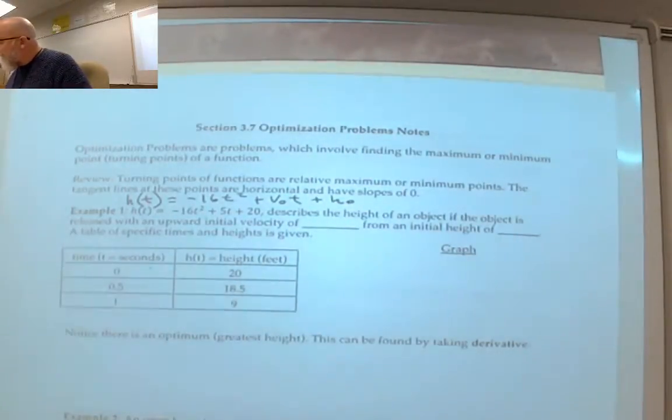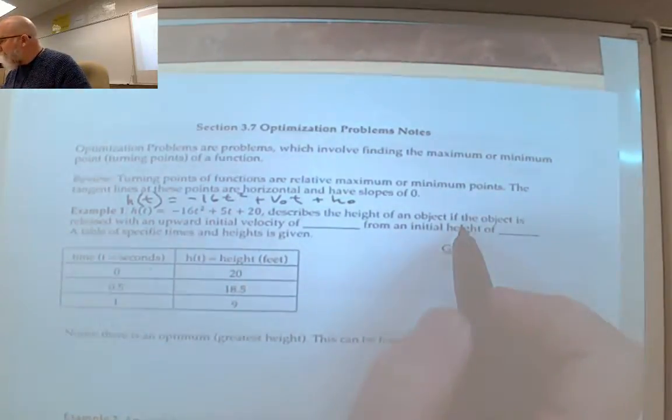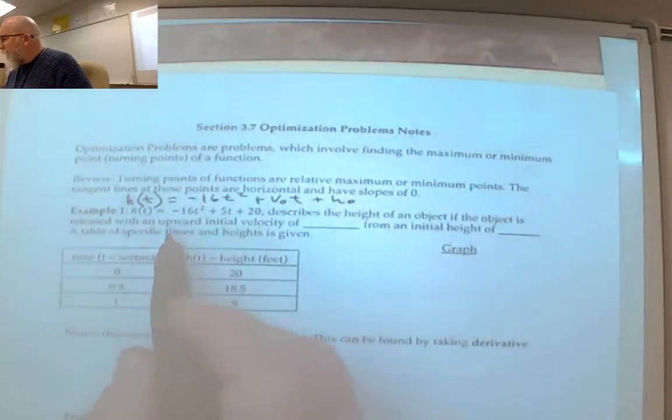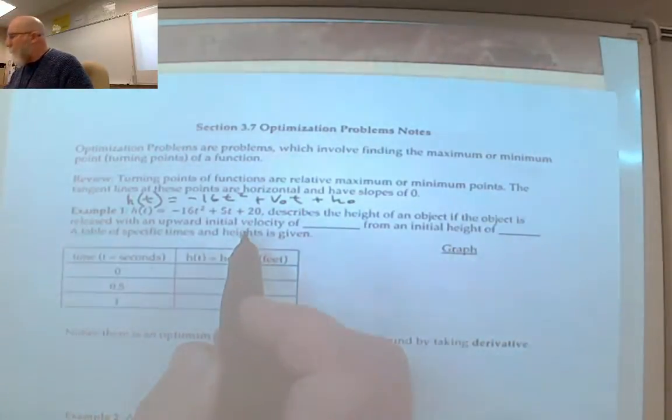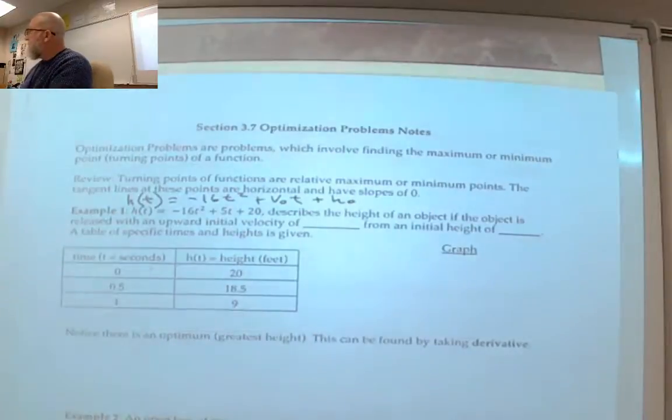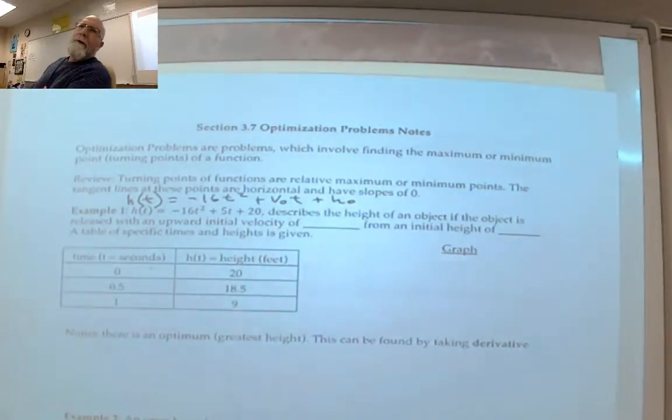So this describes the height of an object that is released with an upward velocity of what, Nikita? Negative 16. That is gravity, okay? So you'll always see that number in here. Anybody taking physics in here? It's a negative 4.9, correct?